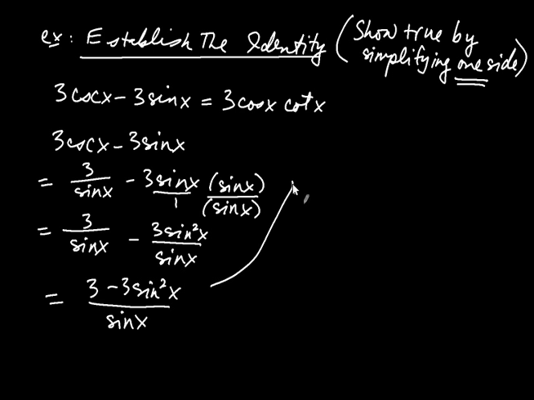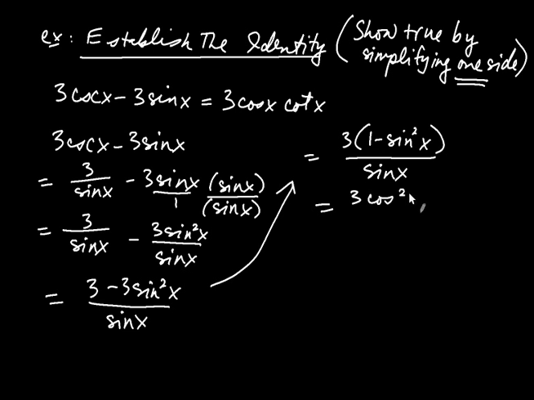So this becomes 3 times 1 take away sine squared, and then over sine. And then 1 minus sine squared, as I talked about in the previous example, that's the same as cosine squared. So it's 3 times cosine squared x divided by sine x.